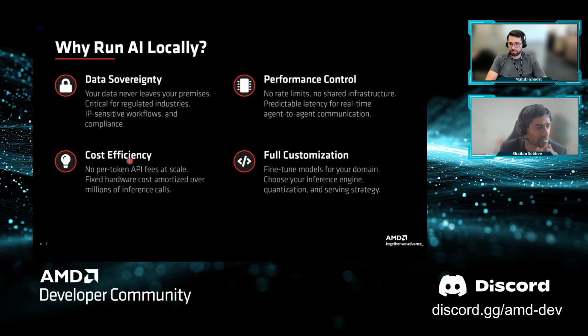Finally, cost efficiency. If you're making thousands or millions of inference calls per month, the per token API pricing can really add up super fast. Maybe on LinkedIn or on other social media, you've seen posts like my monthly budget reached $300,000 on API calls.